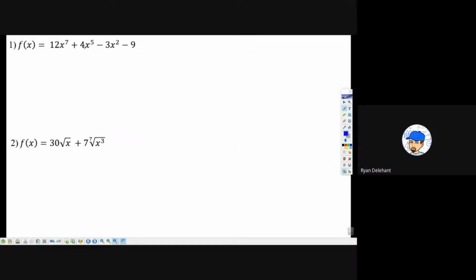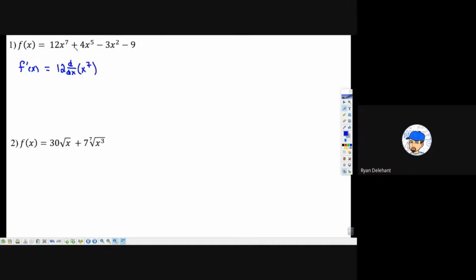Now, when we talk about notation with this, I'm going to be very disciplined with this, and I suggest you do as well. So we want to take the derivative of all of this thing. Now, 12 is a constant, so by the limit laws, I know that I don't need to work with the derivative of that constant, but I do need to find the derivative of that x to the 7th.